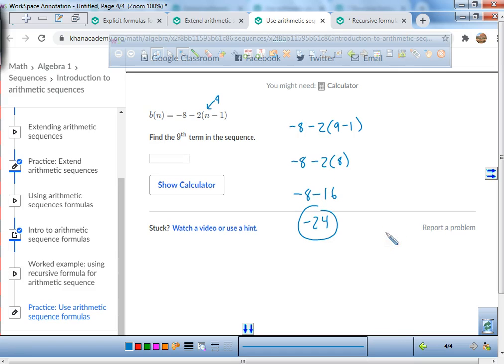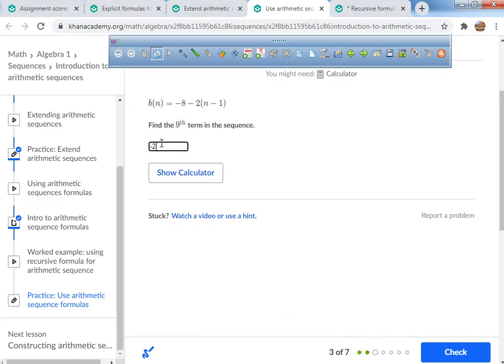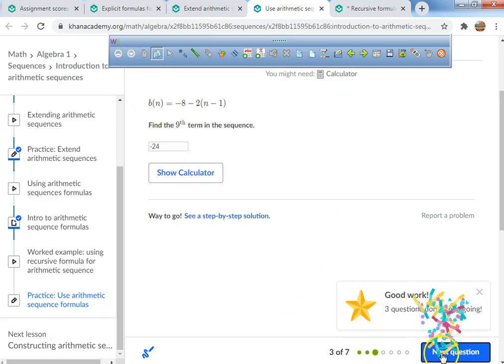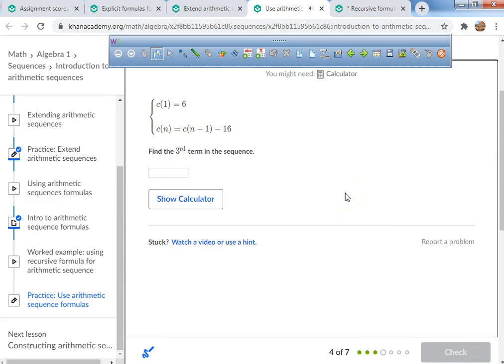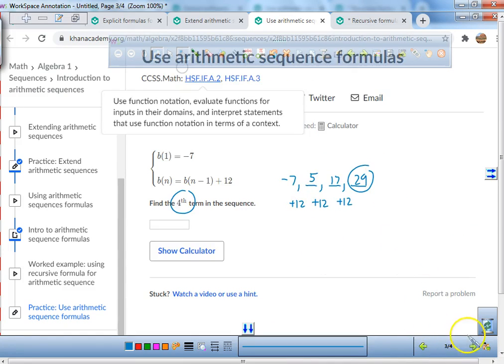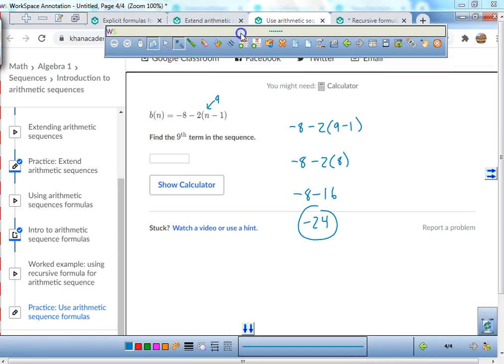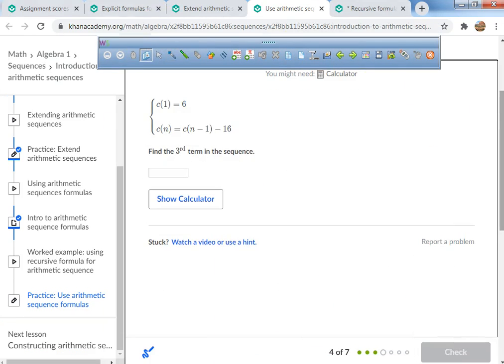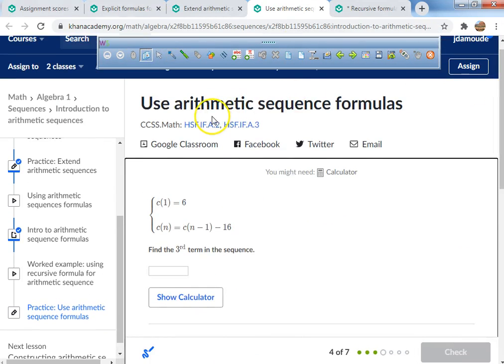So I'll put negative 24 right there. And that's all you're doing. So you're either using the formula, or you're making spaces and counting up. This one was use arithmetic sequence formulas, so it's just one or the other.